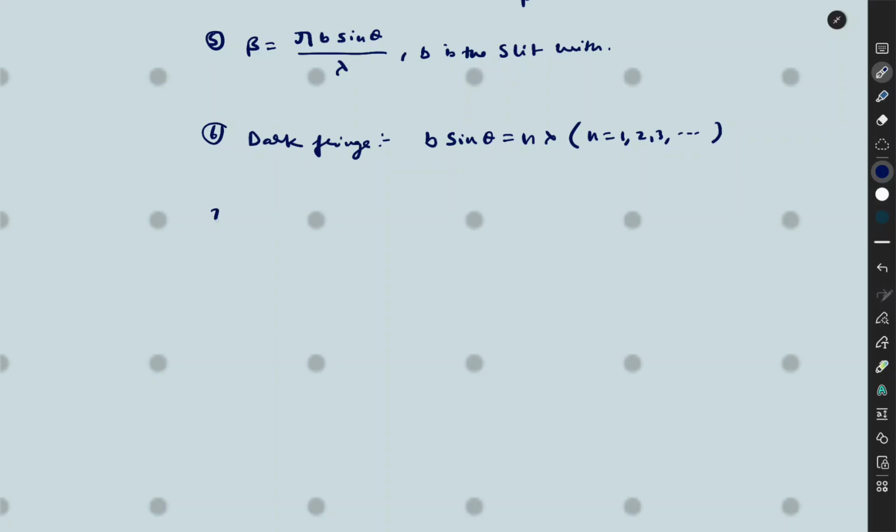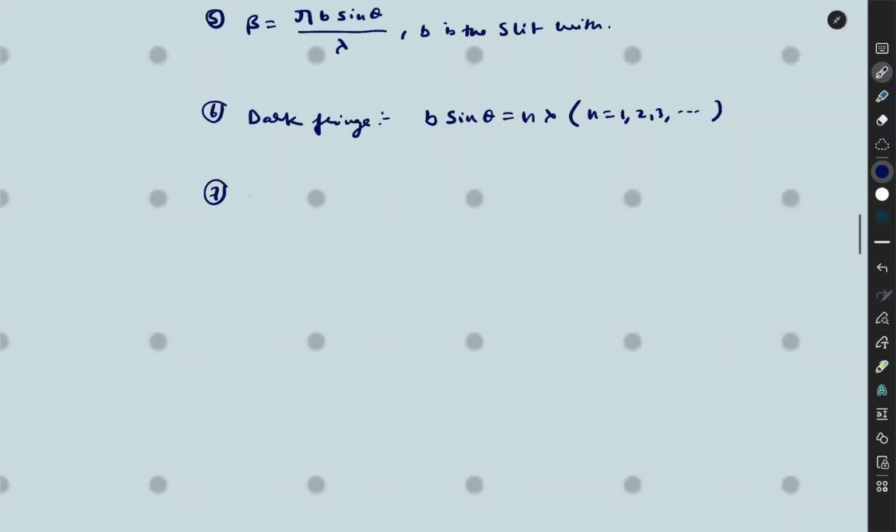And the seventh point: the central maximum is twice as wide as the other maxima and is far more intense.